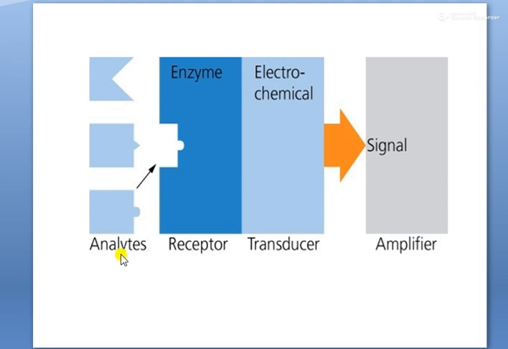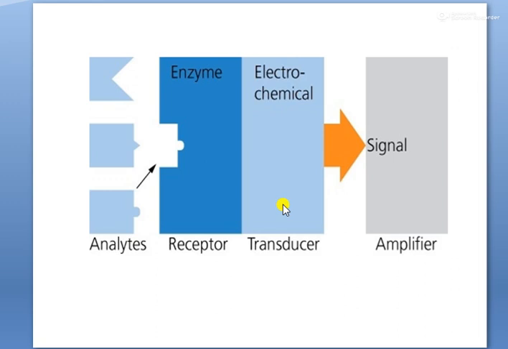After inserting the analyte into the biosensor, the analyte or substrate reacts with the enzyme, and after this enzyme-substrate reaction, they produce the product. That means they produce some ions, or release or absorb some heat, or any such change.